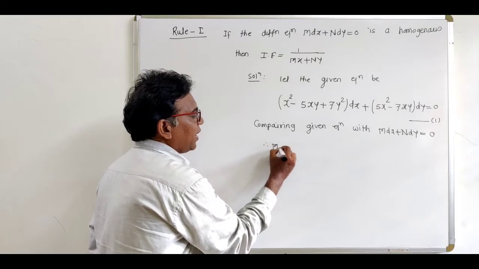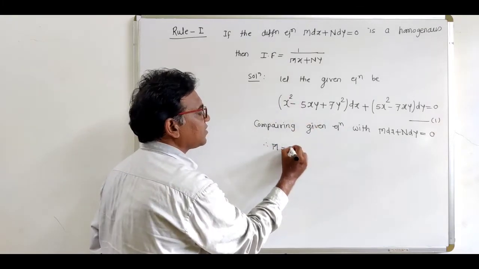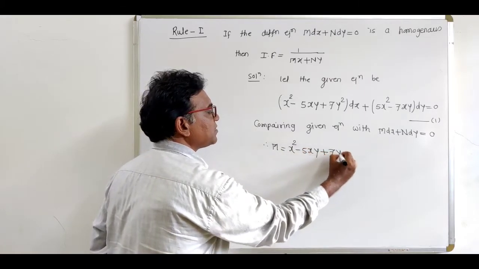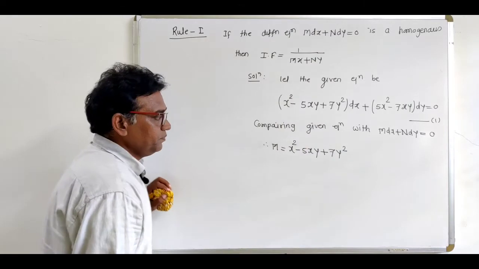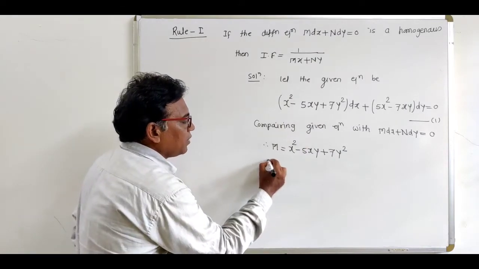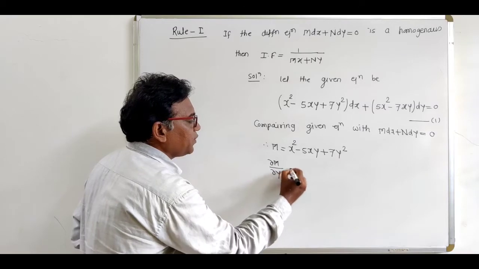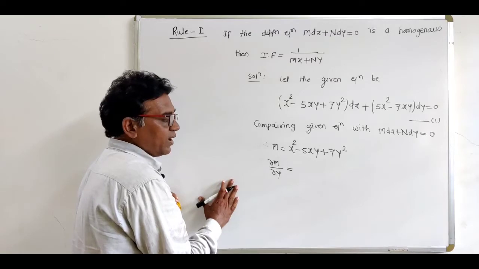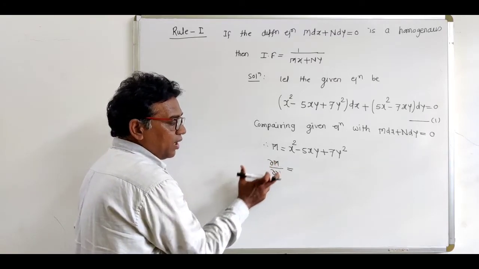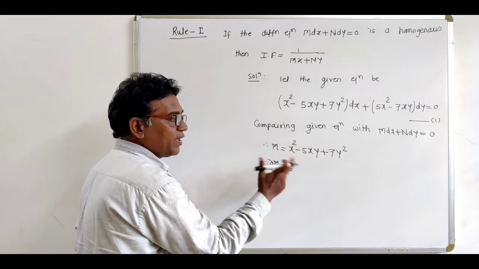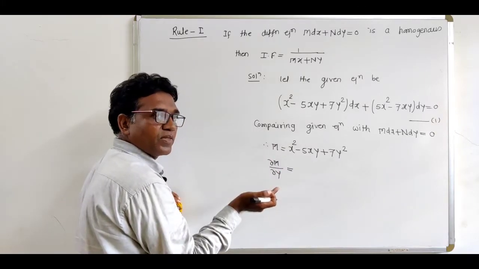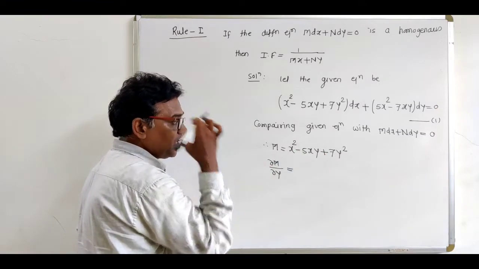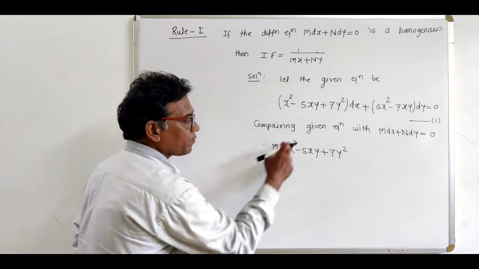So what is our M? M means the coefficient of dx, this is x square minus 5xy plus 7y square. So from M, find the partial derivative del M by del y. How to calculate this? Differentiating M partially with respect to y, keeping the remaining variable x constant.